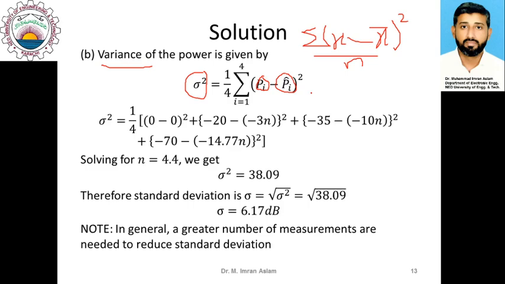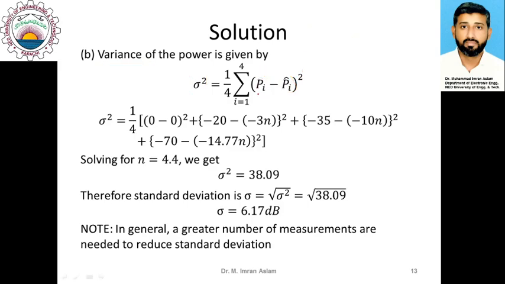We can use this relationship. Again, we have to calculate the difference between the measured value and the value which comes from the formula. Because we have 4 different measurements, there will be a total of 4 terms here, and we have to multiply by 1 over 4 in order to calculate the variance.